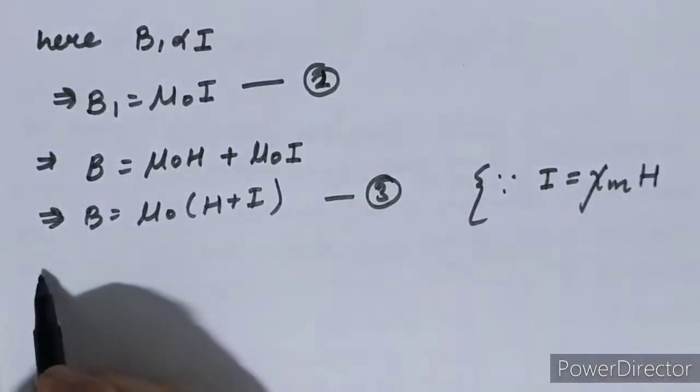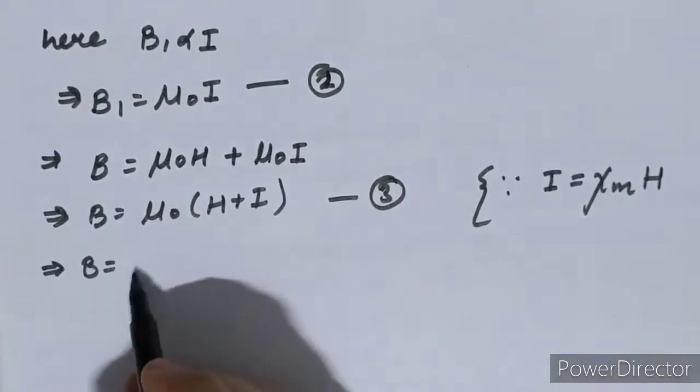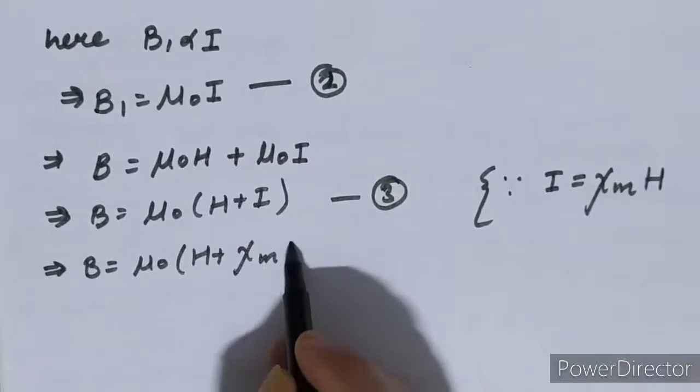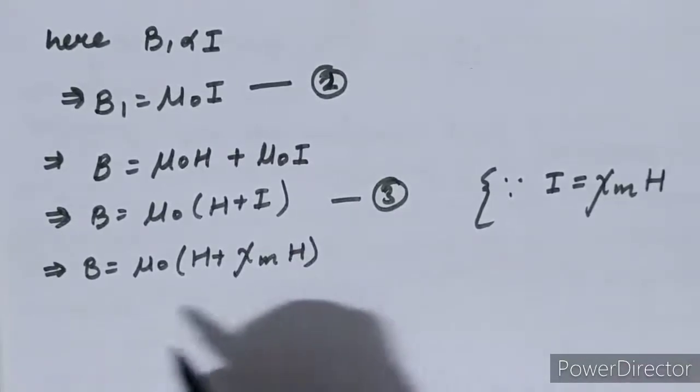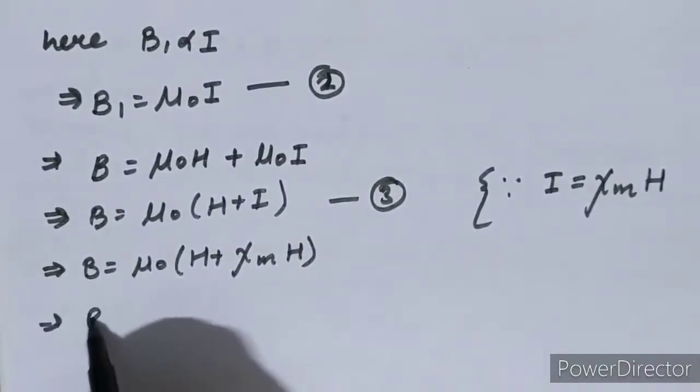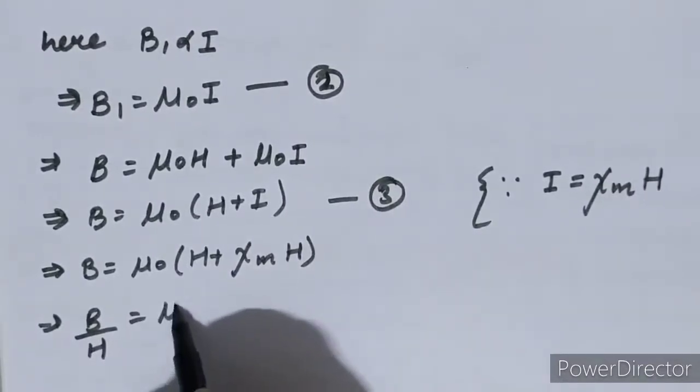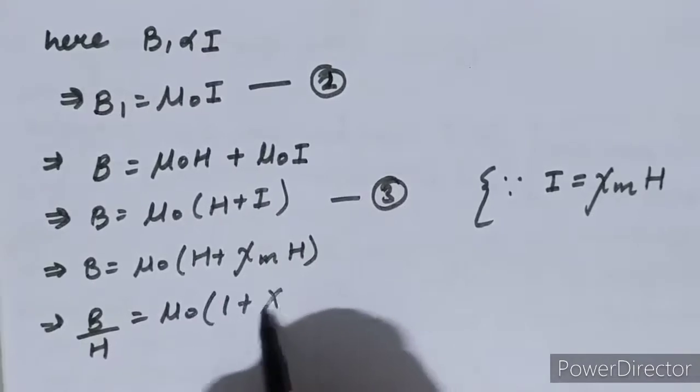Now we know from equation number 3 that the intensity of magnetization is the product of magnetic susceptibility and magnetizing field. I am replacing the value of I with this value. So we get B equals mu naught H plus chi m into H. Now take H common and divide: B upon H equals mu naught into 1 plus chi m.